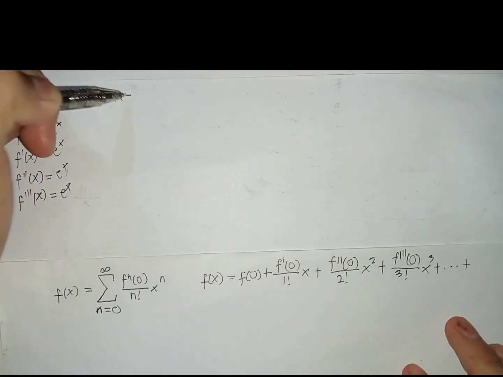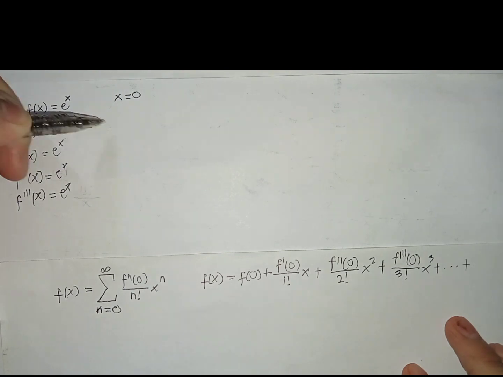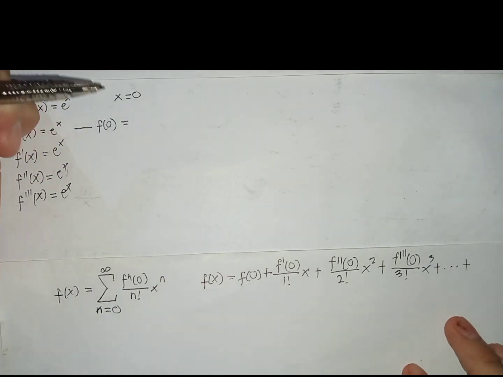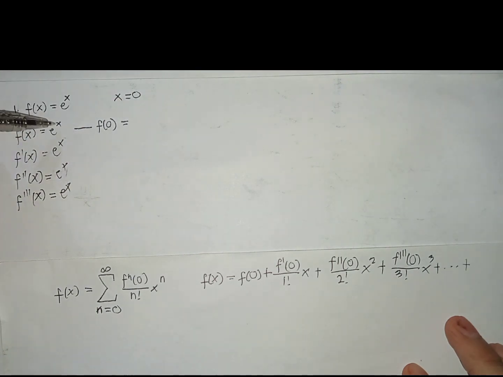Then you can substitute 0 for every variable x. And class, always remember that any number raised to 0 is always equal to 1.